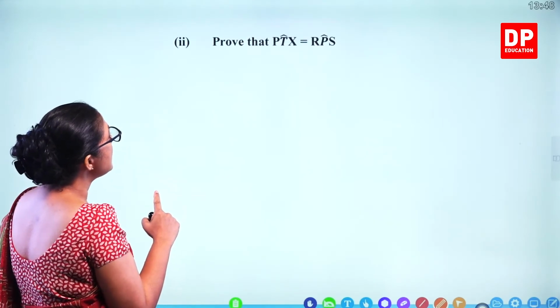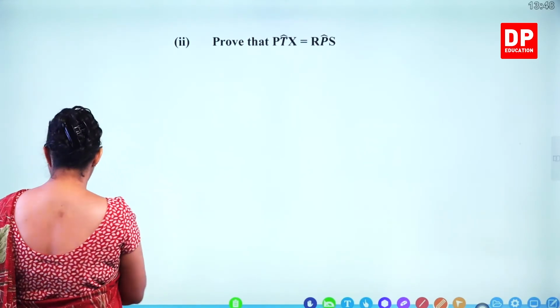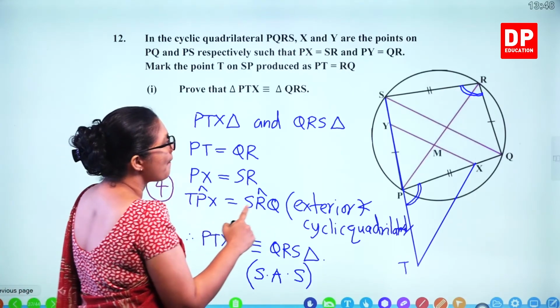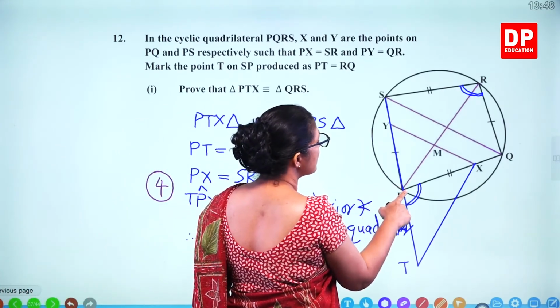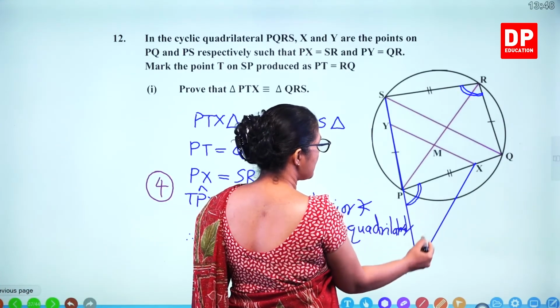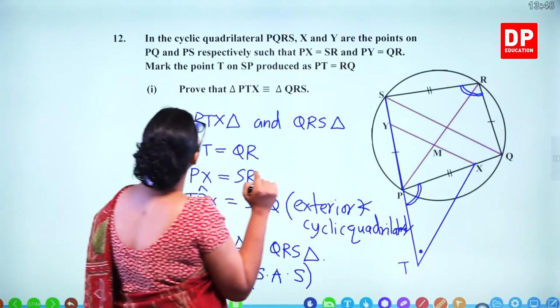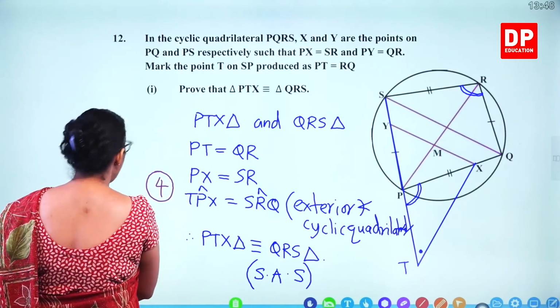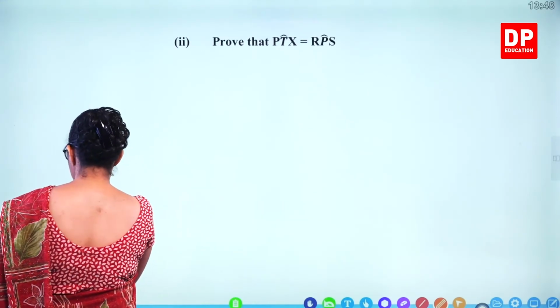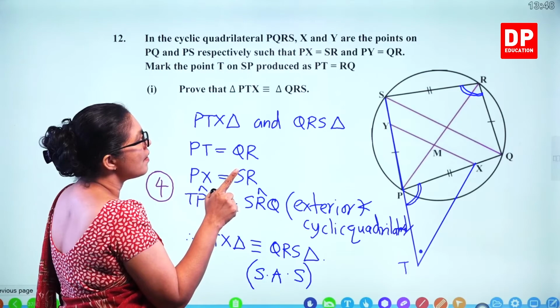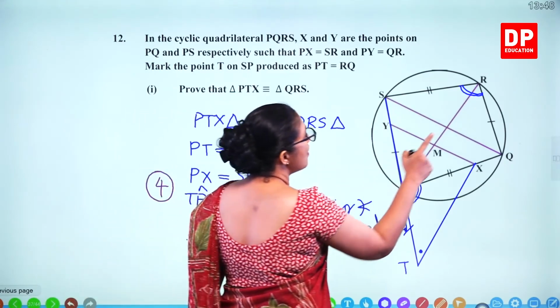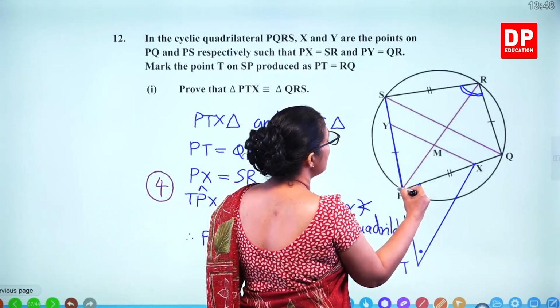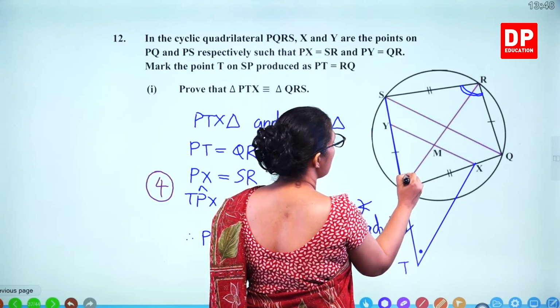Prove that PTX is RPS. PTX, this angle is equal to RPS angle, this angle.